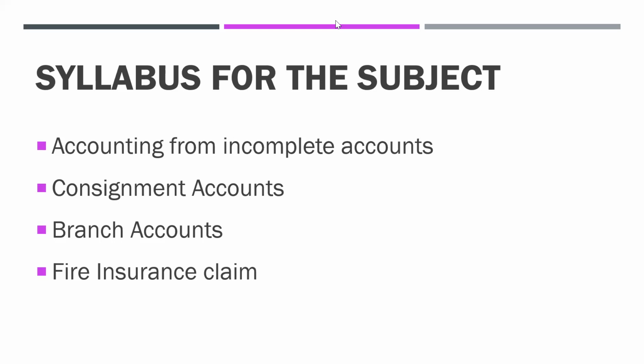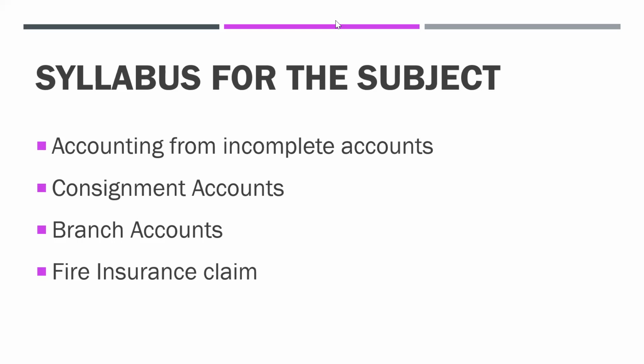So a branch is set up by the head office. All the expenses and everything of the branch is looked after by the head office. And at the end of the year, the branch submits its accounts to the head office. So in branch accounts, we will see the accounting procedures of the branch.